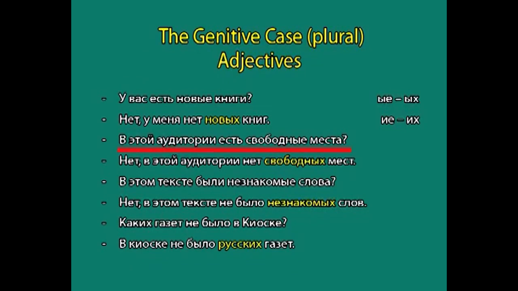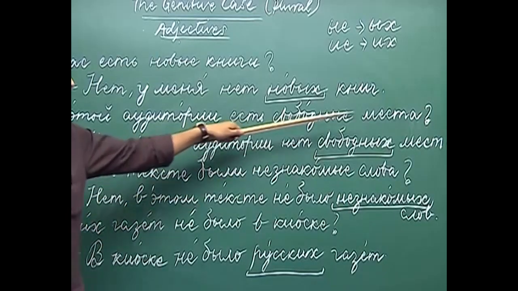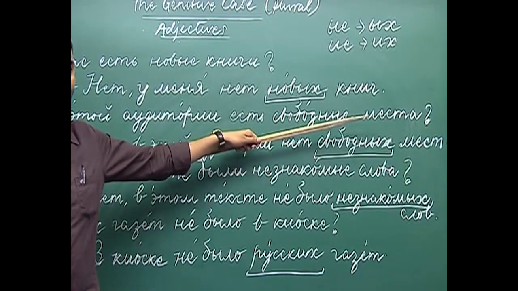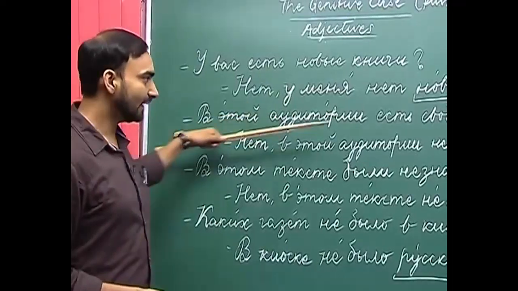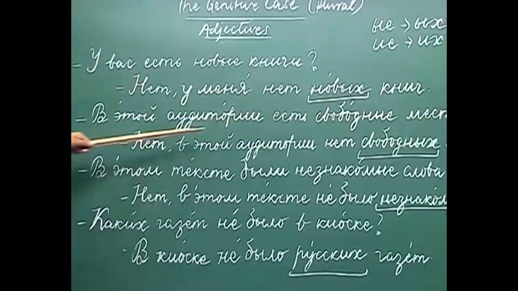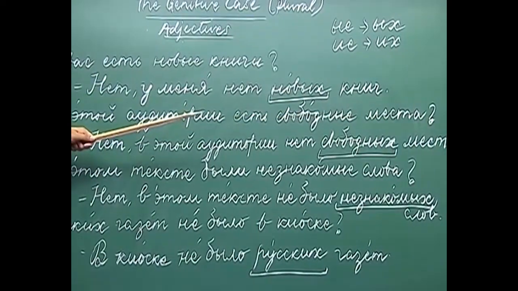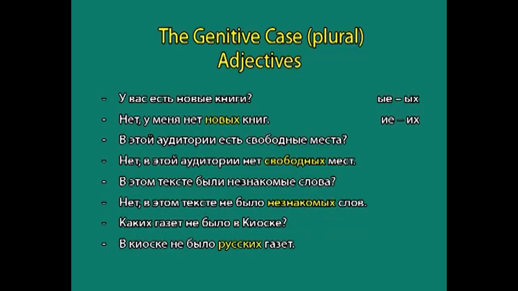Next question. В этой аудитории есть свободные места? Свободные места is vacant places. So, are there vacant places in this auditorium or hall? If you answer in affirmative, how will you answer? Да, в этой аудитории есть свободные места.